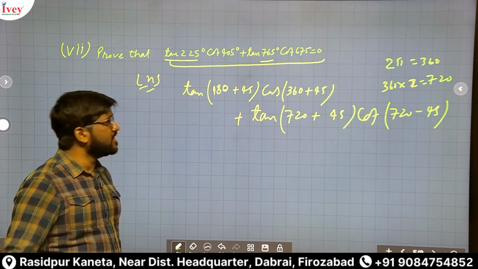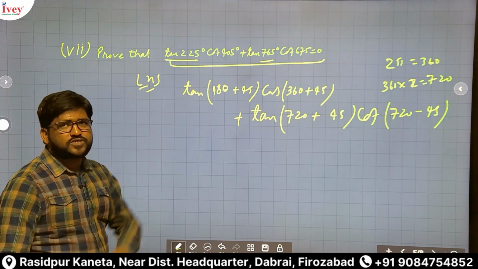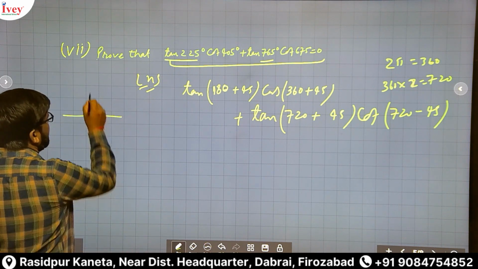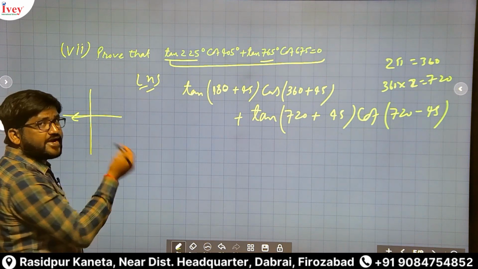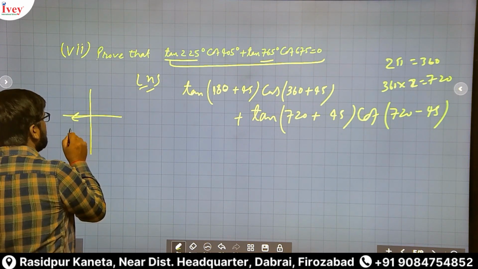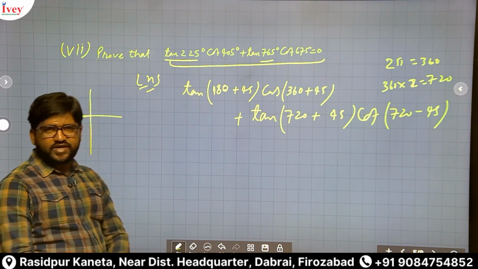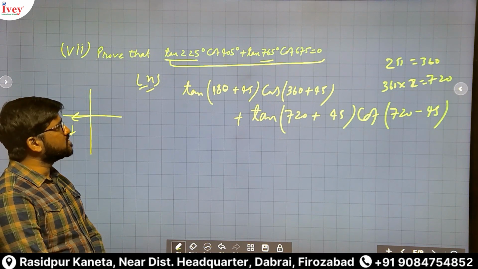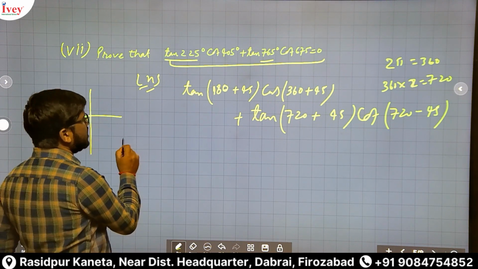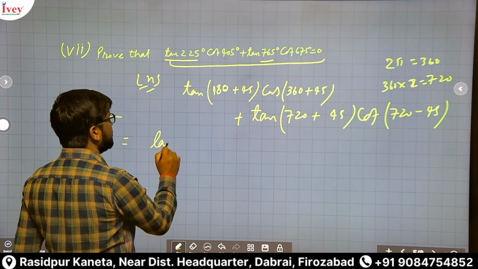Now we need to apply the rules that we have learned already. So tan 180 plus 45, this means where is the tan, where is the 180? 180 angle is this. Now we are adding something, so we are going to land in the third quadrant. In the third quadrant tan is positive, so it is tan 45.